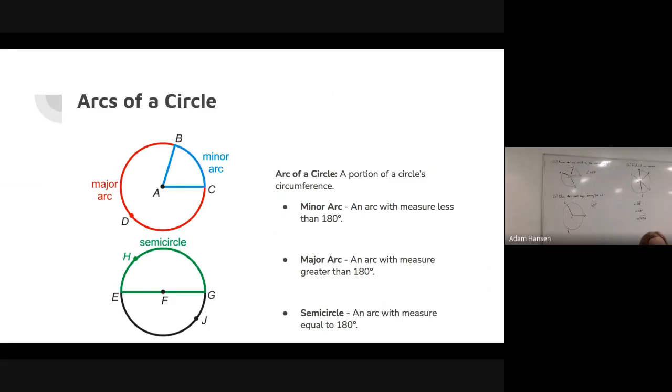Today and tomorrow, we're going to get into arc measure. So let's talk about how we can classify different arcs of a circle. In general, an arc of a circle is a portion of the circle's circumference. It's not all the way around, it's part of the way around.